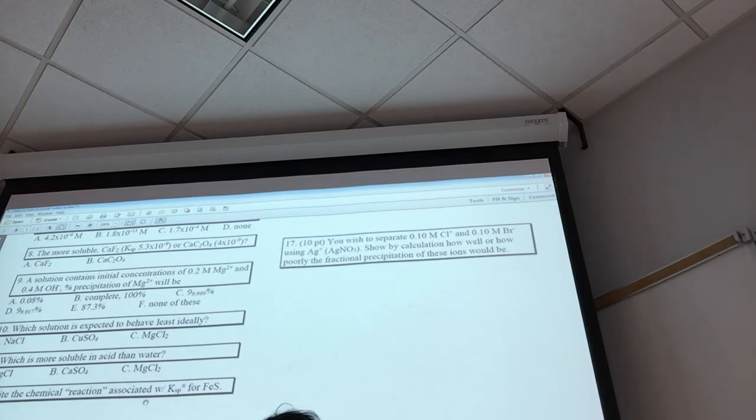Why? 2 plus, 2 minus. Yeah, 2 plus and 2 minus. Magnesium has a 2 plus, but the chloride's only 1 minus. So if you got a pair between a magnesium 2 plus and 1 chloride, it's not as strong as a pair between copper 2 and sulfate 2 minus.